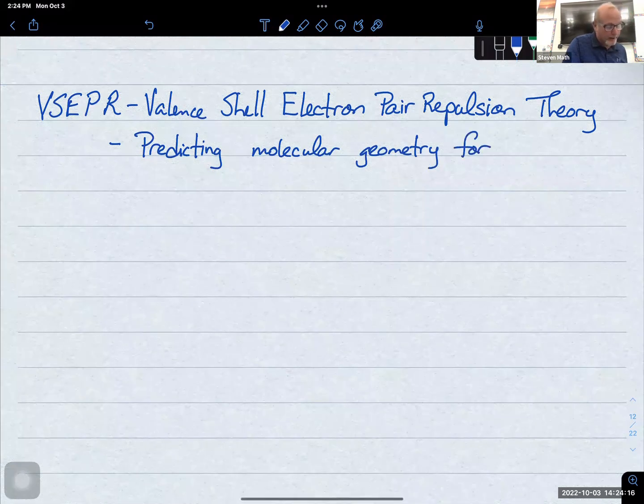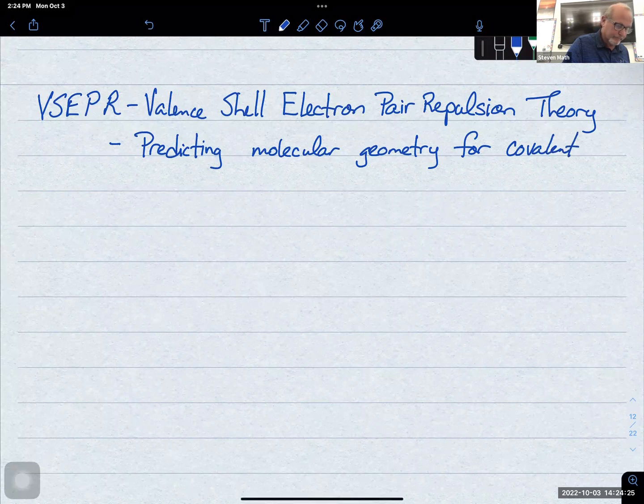Now, the rub on this one is it predicts molecular geometry for only covalent compounds. Doesn't work for ionics. Ionic compounds have their own other theory on forming crystal and crystalline shapes, and there's like 42 of those. So we're not going to spend a whole lot of time with ionic shapes.